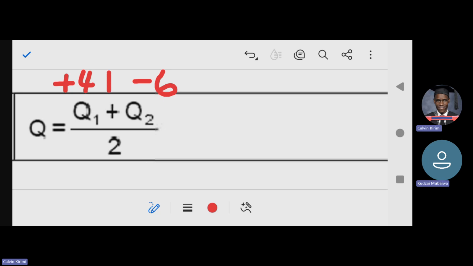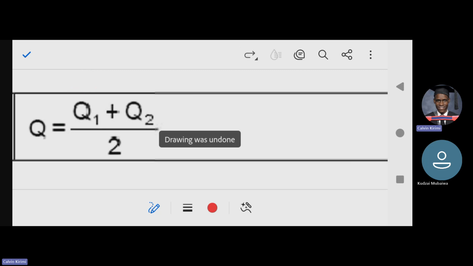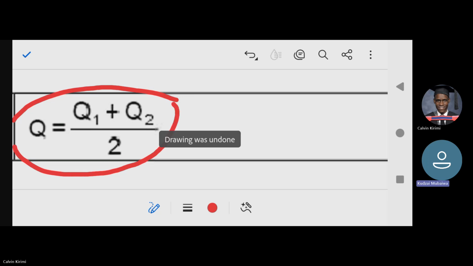Then we added, which means 4 minus 6 times 10 to the power, so you are adding those charges. After you add, you divide by 2. Then this charge is the charge on each sphere.